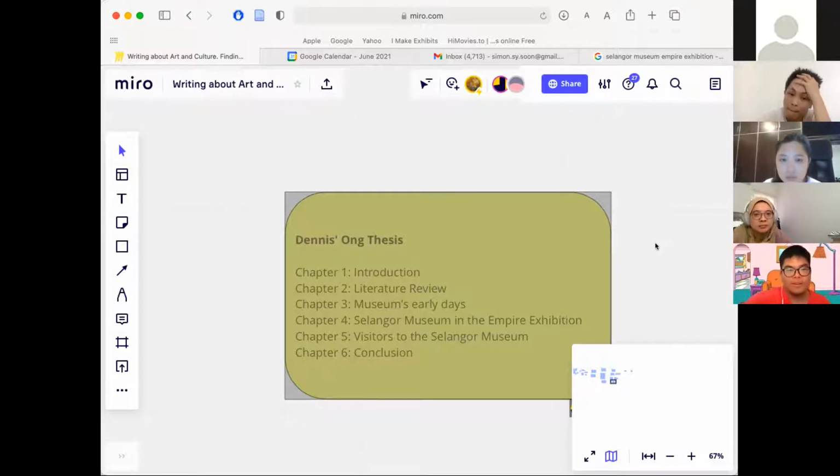Because it's transplanted from the West, and it's not directly the same copy of what is being done in the West, right? So I think my thesis could be that we want to look at how the locals adapted that museum model from the West.